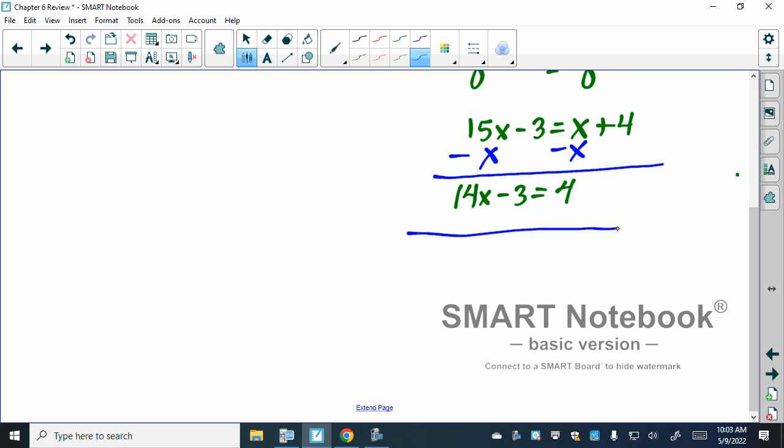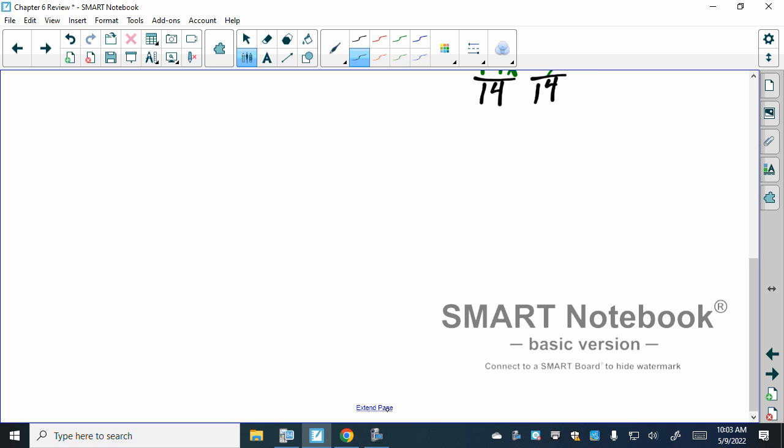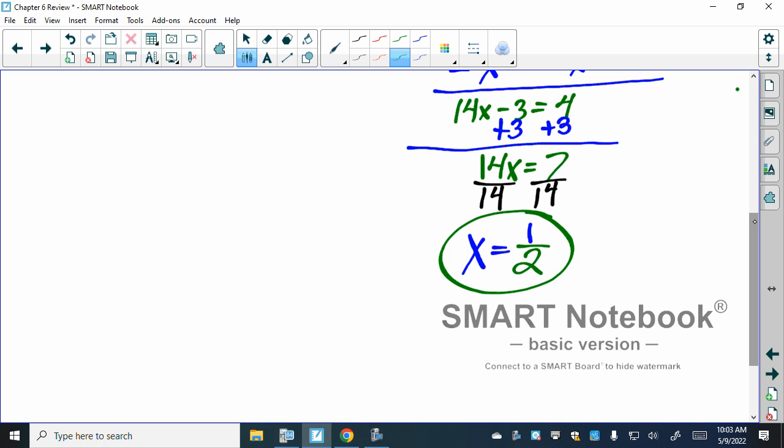And then we could add 3 to both sides, telling us 14x is equal to 7. Exactly, divide both sides by 14, telling us x is equal to 1/2. And that's it.